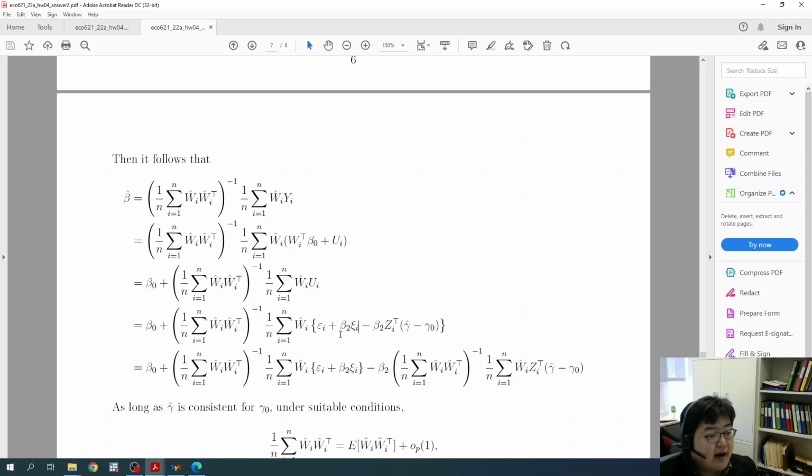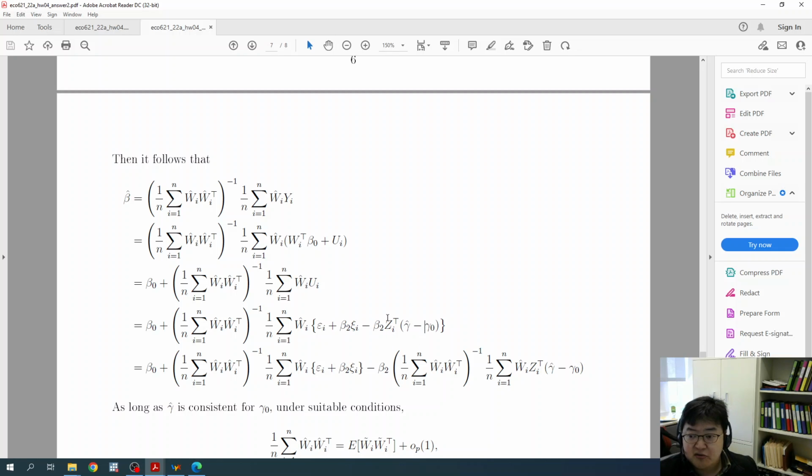These are intrinsic errors. Even if you know the true value of gamma 0, or the true fitted value, you will still have this much error. These error terms are not going anywhere, right? However, we are looking at the additional effect of the additional error term.